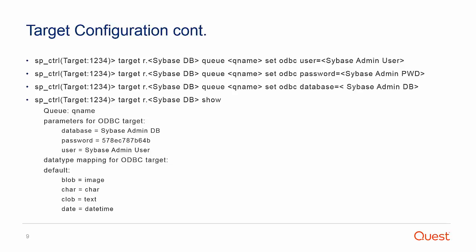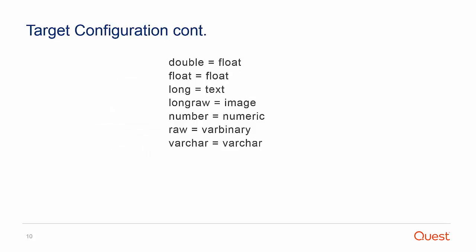At the spcontrol prompt, run target r.sybase database name show, and this should give you the summary of the target configuration setup. For more details on configuration, refer to the target configuration section in the new features guide.